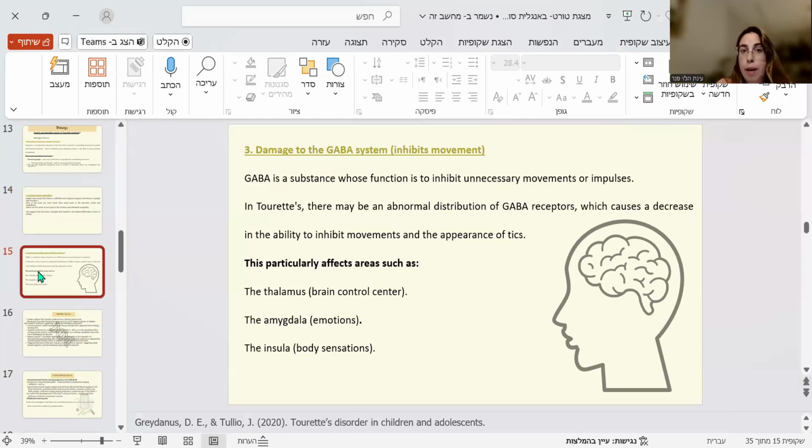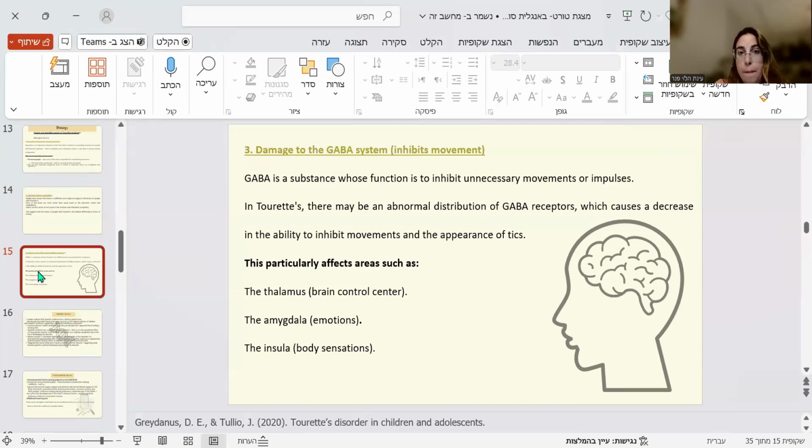Damage to the GABA systems that inhibit movement. GABA is a substance whose function is to inhibit unnecessary movement or impulses.